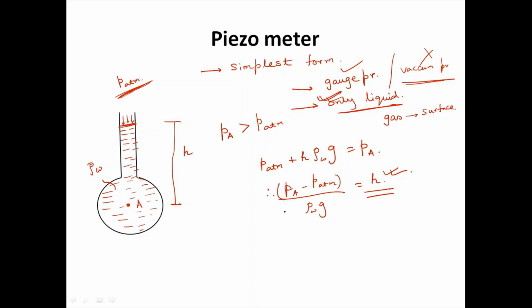Next thing is, if this rho W is very low, if the density of the liquid is low enough, then the height will be more. H will be more here.